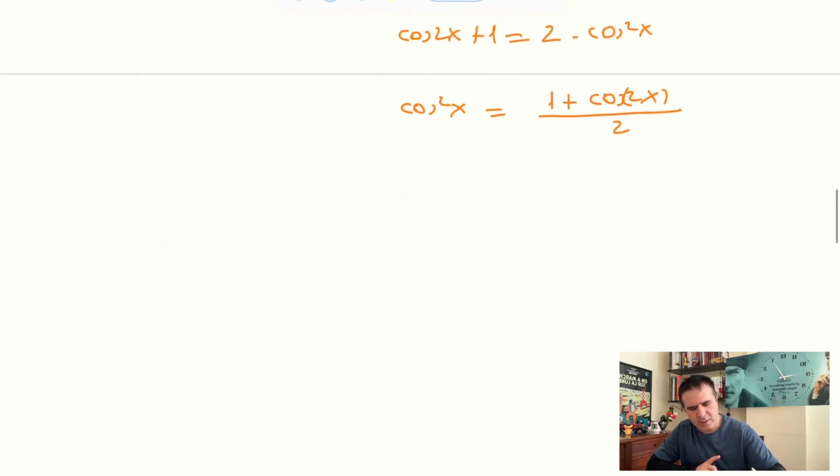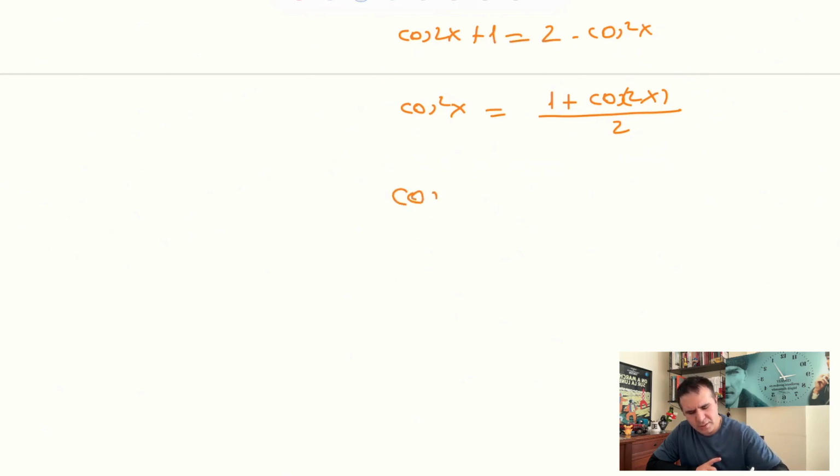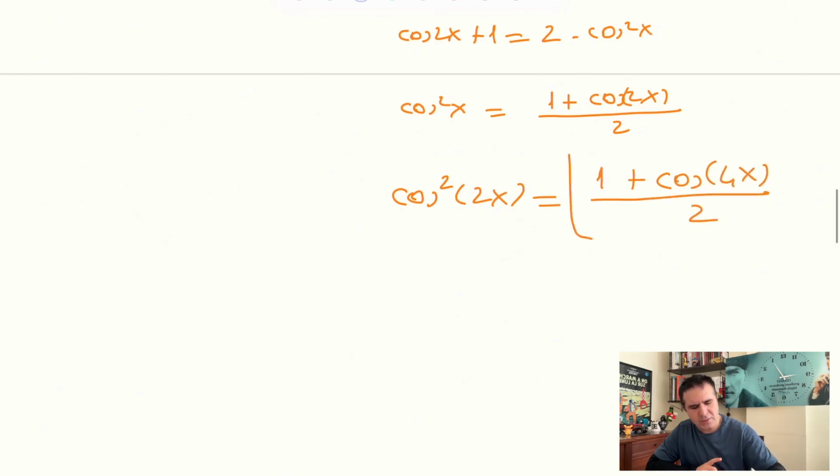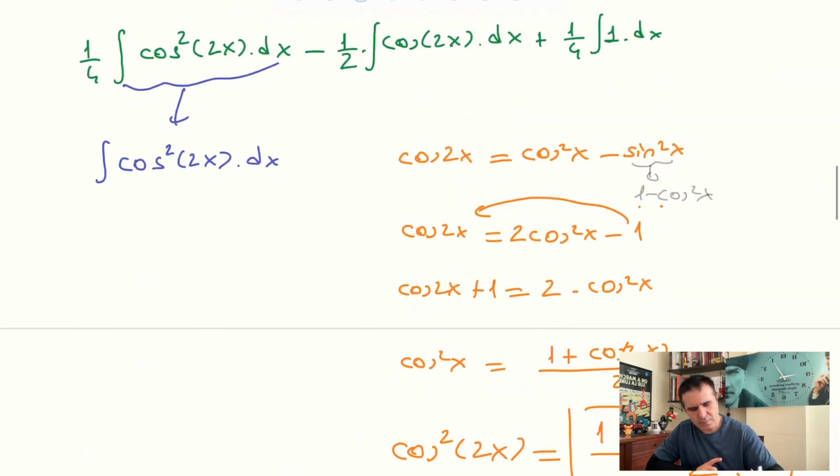So according to this equation, cosine square of 2x will be equal to (1 plus cosine 4x) over 2. Then we will write this part into the integral.